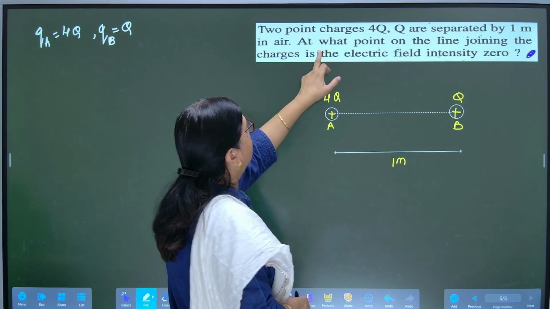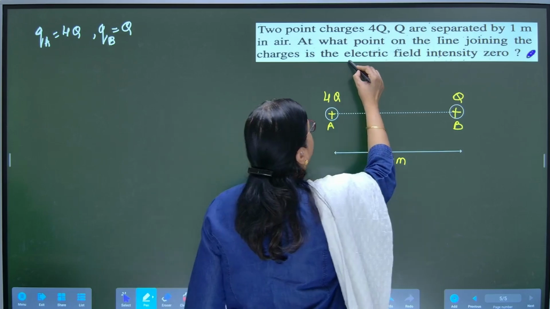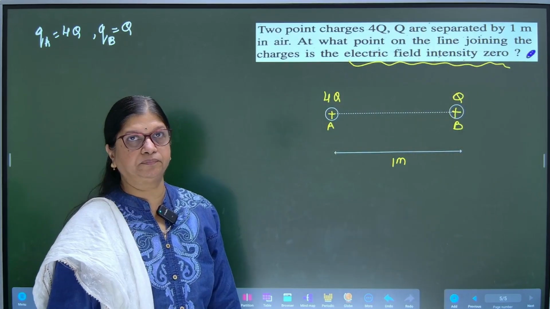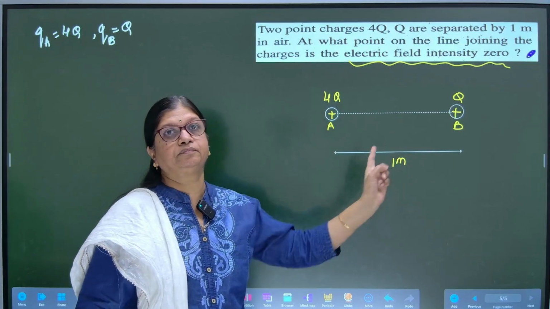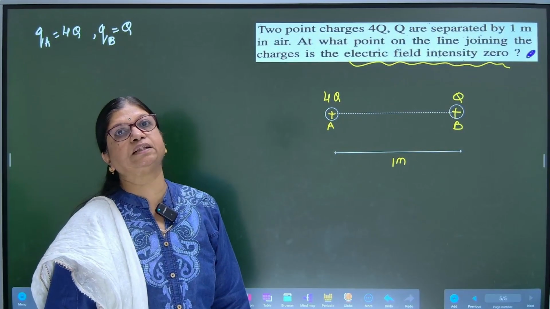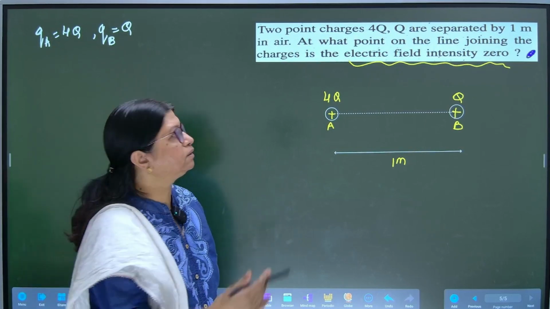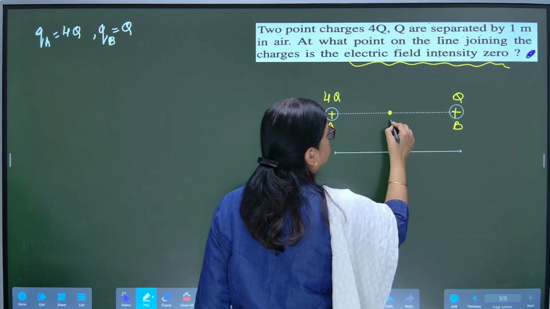The medium is air. At what point on the line joining the charges is the electric field intensity 0? This is the question. Now, because both are positive and their magnitudes are also different, where do I find the electric field intensity 0 with our previous argument? Somewhere in between these two charges, let me say at O. Fine?